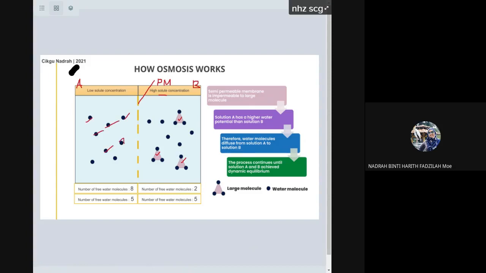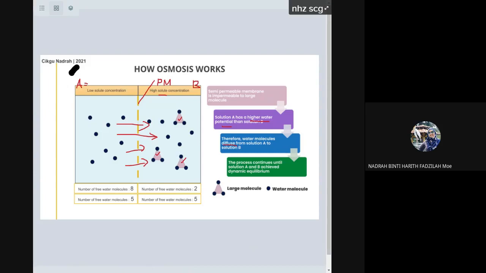Tapi lower in solution B. The number of water molecules is higher in solution A compared to solution B. Therefore, solution A has higher water potential compared to solution B. Therefore, water molecules from solution A diffuse into solution B. Kita tak guna perkataan move ya. Kita guna perkataan, we use the verb diffuse. Water molecules from solution A diffuse to solution B.